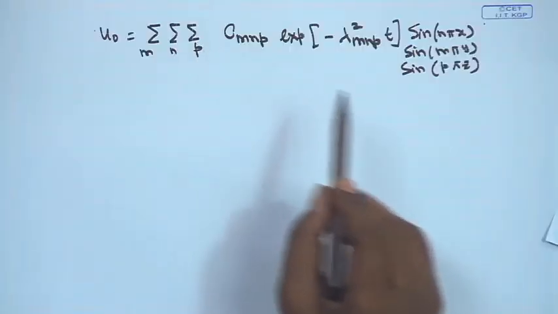After doing that, if you open up this summation series, only one term will survive on the right hand side, when m is equal to n, n is equal to m and p is equal to q.